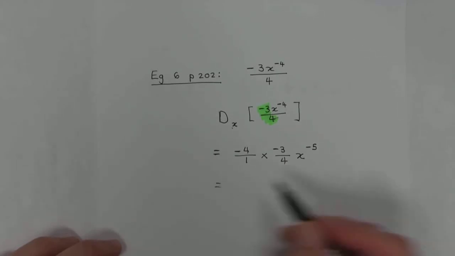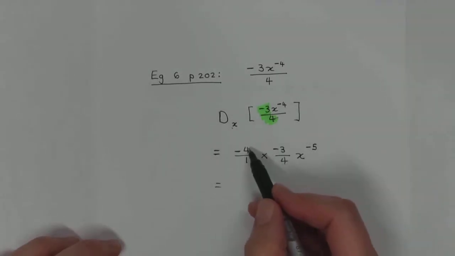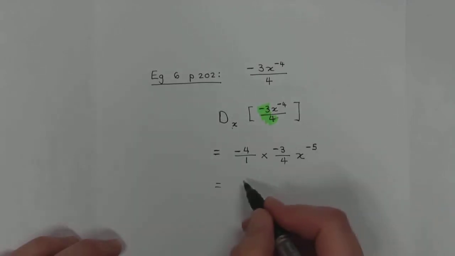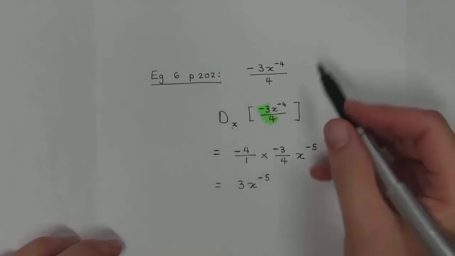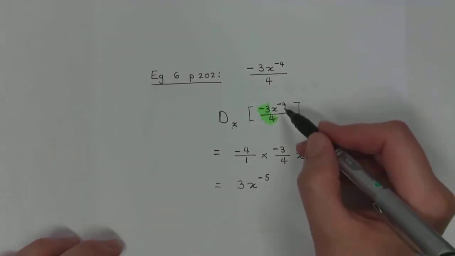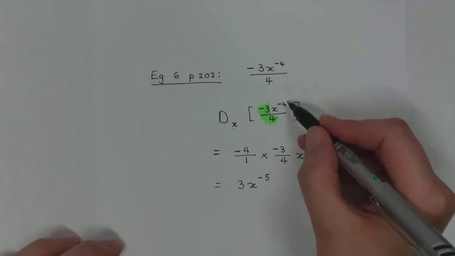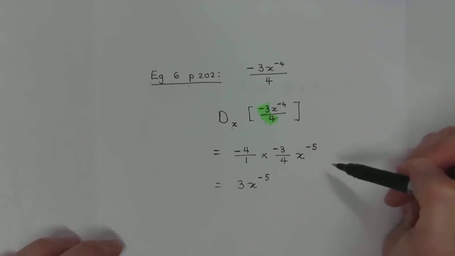And then just to simplify, you'll notice the negative and the negative multiplied by each other gives you a positive, and obviously the 4 divides into the 4, so I end up with 3x to the power of negative 5. So please watch out for those fractional coefficients. So even if it's a fraction, you're still going to go and multiply whatever that exponent is by the coefficient and make that exponent 1 less.